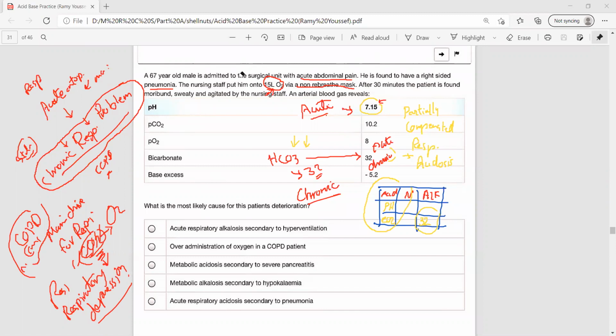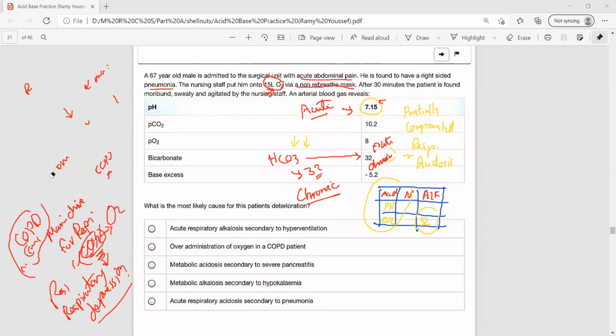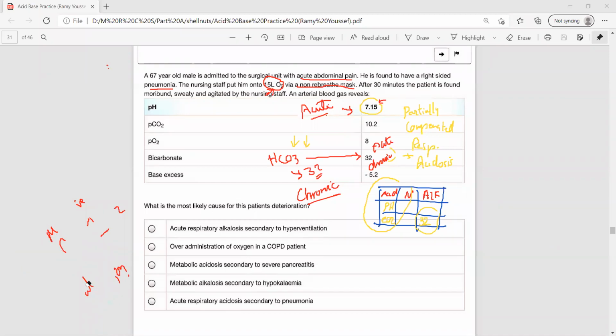A patient with COPD, you have to give him low oxygen, low O2 through what is called a Venturi mask.